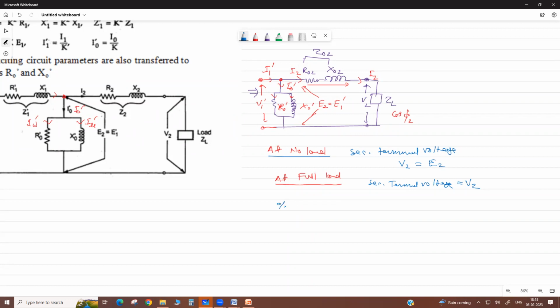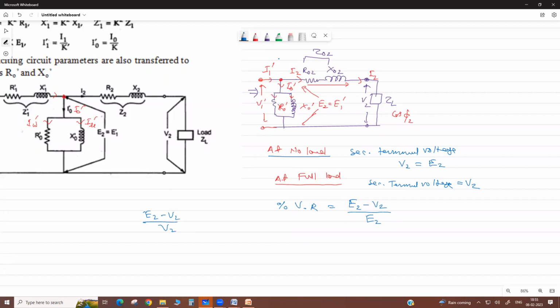Therefore the internal voltage drop as a percentage is called the percentage regulation. So this voltage regulation as referred to the secondary side is the no load terminal voltage minus the full load terminal voltage, calculated with respect to full load. Sometimes it is E2 minus V2 by V2, with respect to the rated terminal voltage.